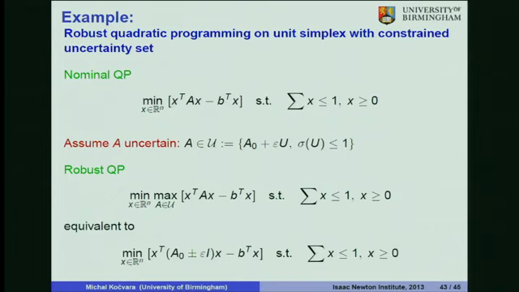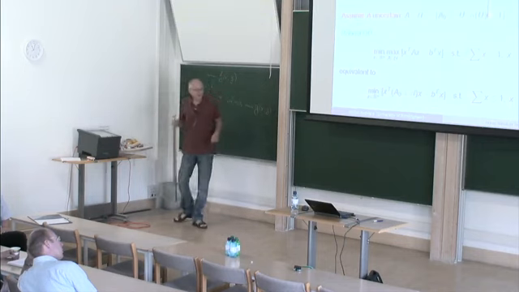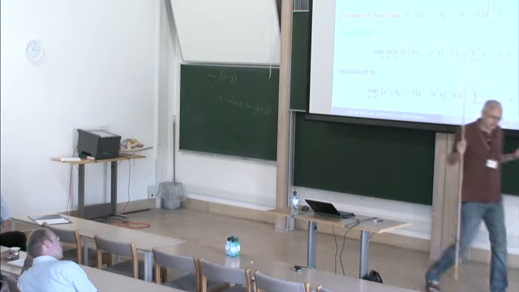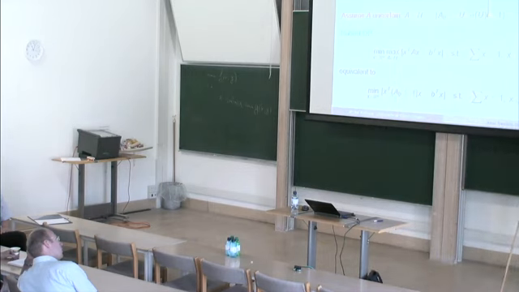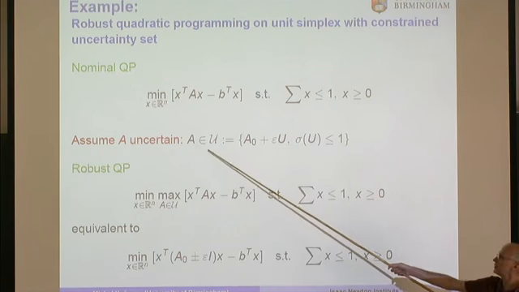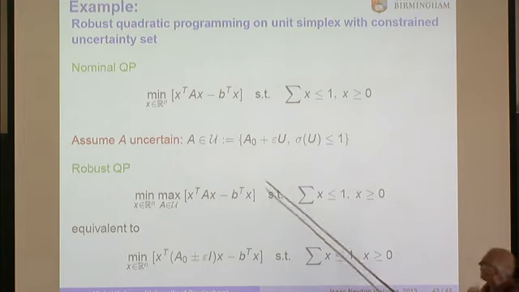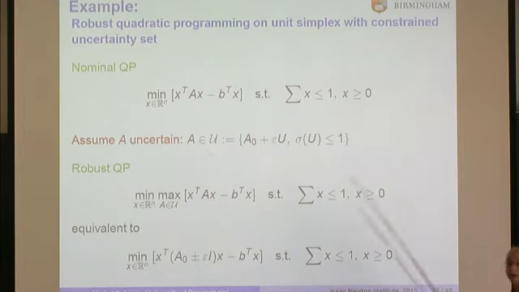my matrix A is uncertain, but not in the sense which you would find in other papers. Well, Ben-Tal and Nemirovski would tell you, okay, the matrix is uncertain, which means that every element of the matrix is uncertain. Every element of the matrix lies in some, let's say, ellipsoid. I assume that the whole matrix lies in an ellipsoid.